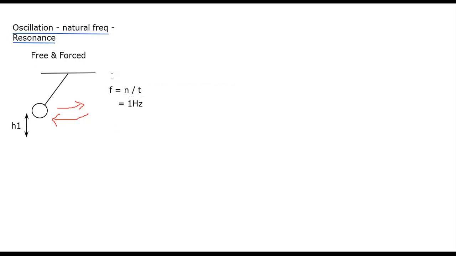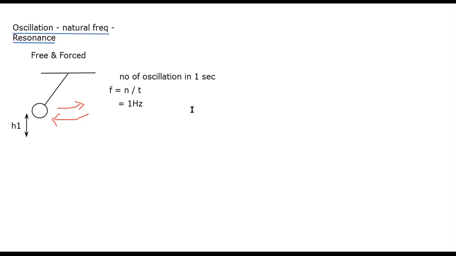So remember, frequency is the number of oscillations in 1 second. 1 hertz means one complete cycle in just 1 second. You start your stopwatch, 1 second, then it comes back to the original position. So that is the frequency in the free oscillation.